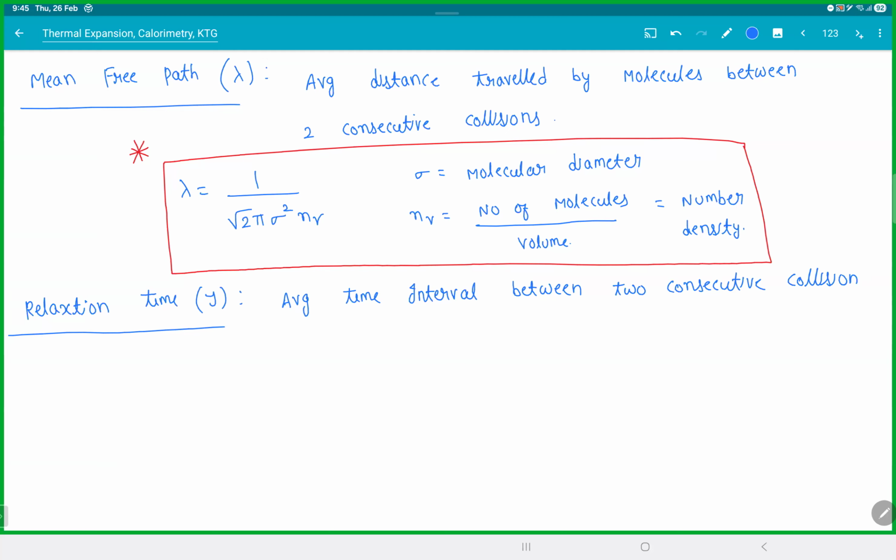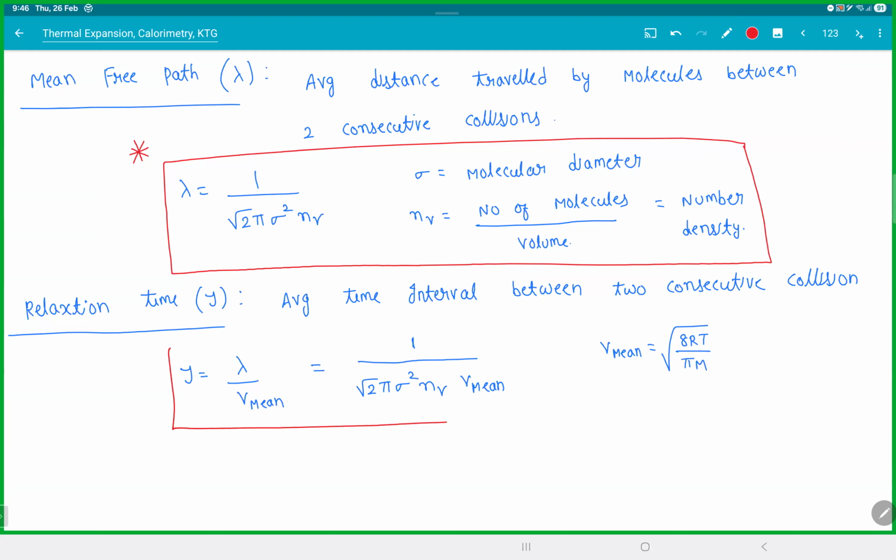Time is simply the distance traveled by speed, isn't it? So relaxation time tau is nothing but lambda, the mean free path, by v mean. So separately, no need to remember the formula. If you know the mean free path, you'll get this also. Tau is 1 by root 2 pi sigma square NV v mean, and v mean is root over 8RT by pi m. So this tells you the average time between two collisions.